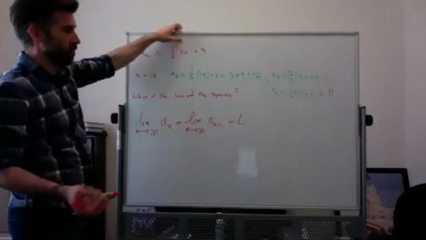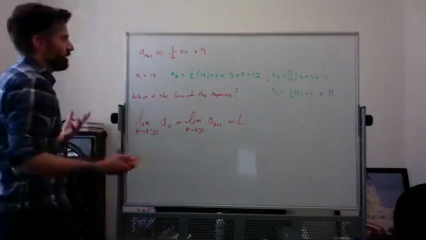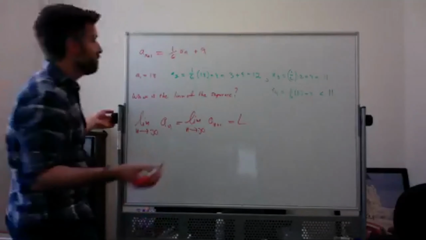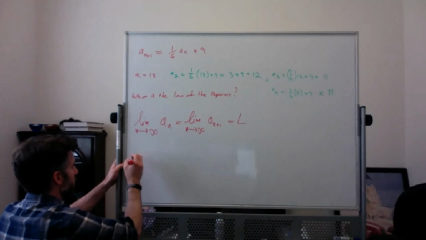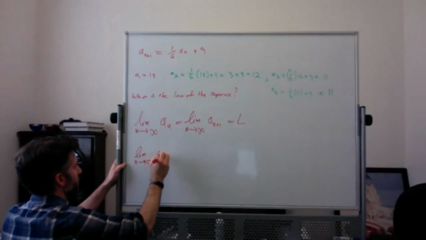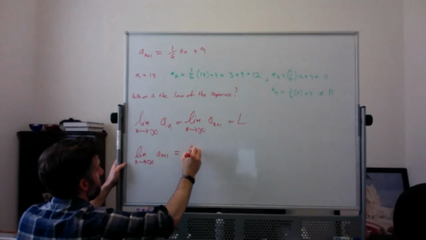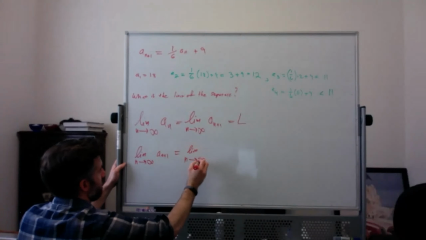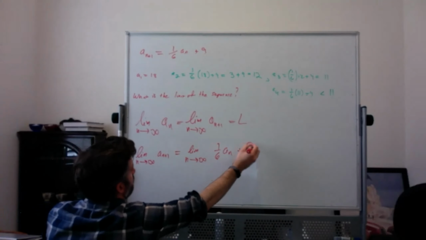So the idea is that you're going to take this equation and just replace each of these with what you're calling the limit, which we usually use capital L. You can actually show the work. I don't think you really need to, but you could say on the left-hand side, the limit as n goes to infinity of a sub n plus 1 equals, on the right-hand side, the limit as n goes to infinity of 1/6 a sub n plus 9.